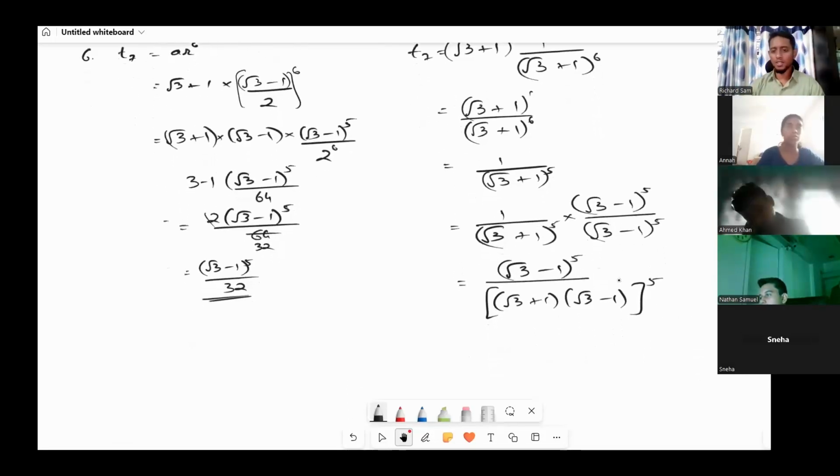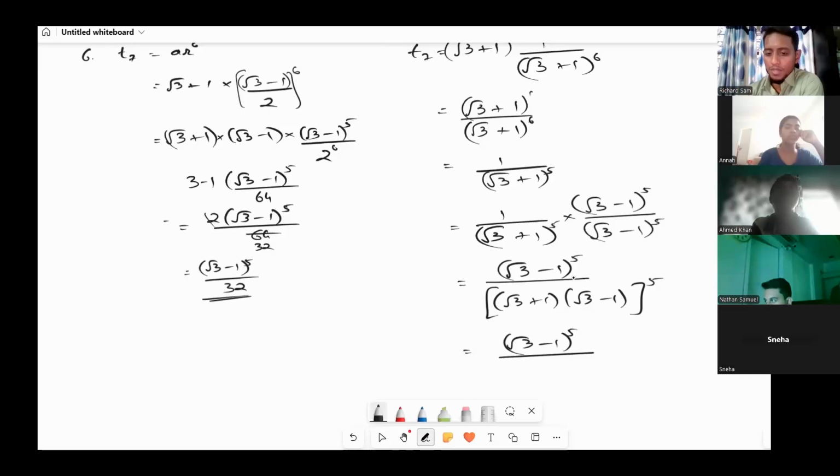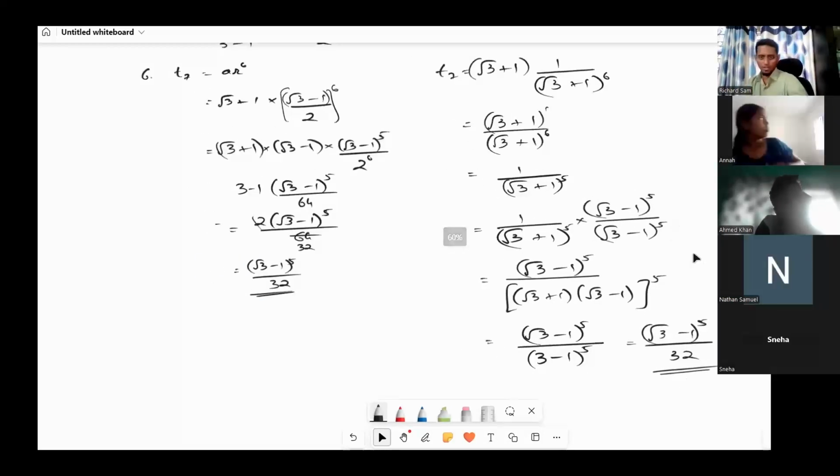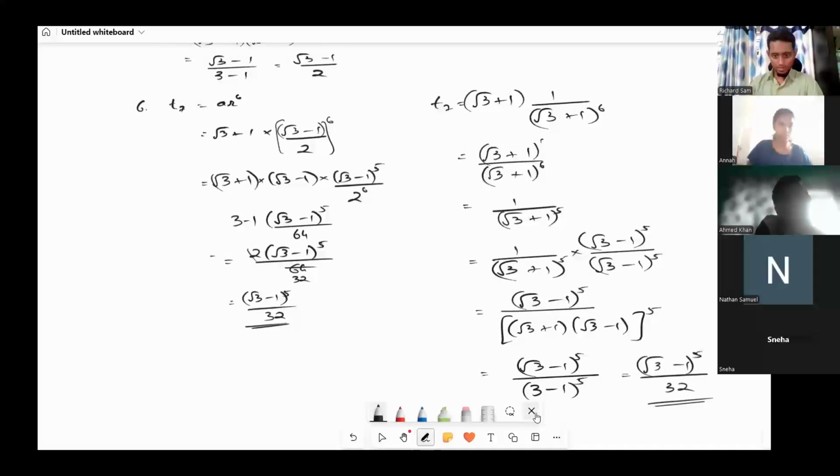Because the powers are the same, we can take a common power. The denominator is a plus b into a minus b, which is a square minus b square, 3 minus 1, that is 2, and 2 raised to 5 is 32. So root 3 minus 1 whole raised to 5 divided by 32. Both ways, whether we rationalize the denominator or not, we get the same answer.